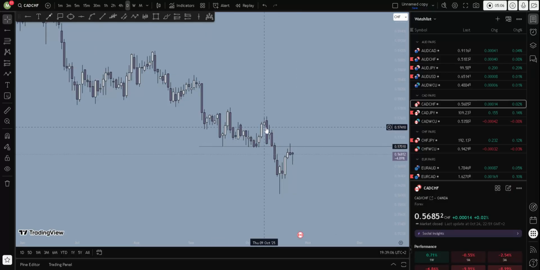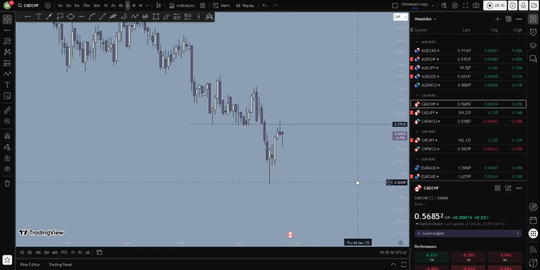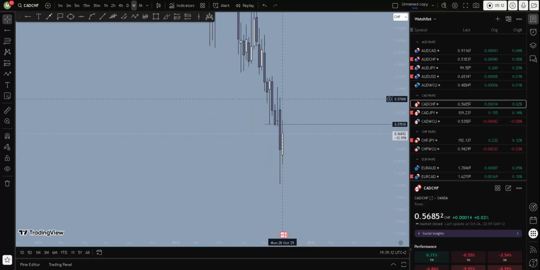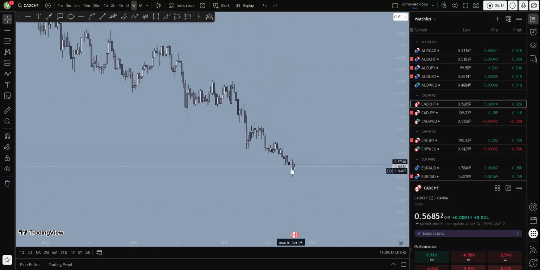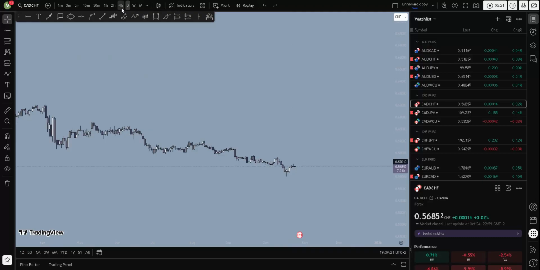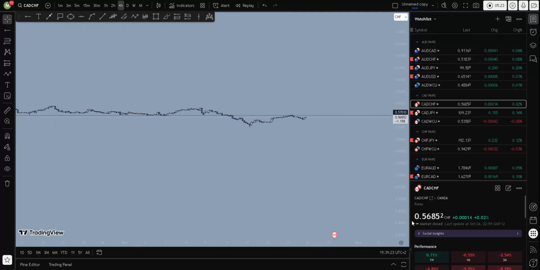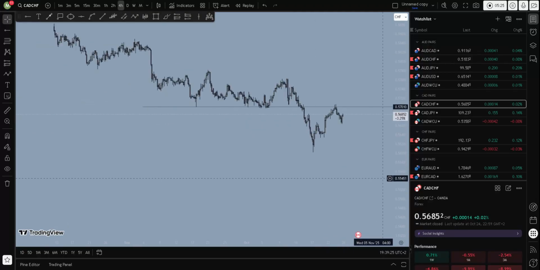Where the support over here broke through, retested, and by the looks of it could go down. But if we're just going off of the weekly time frame, this is very overextended, and at some point we're going to need a pullback before we can continue. Just jump down to the 4 hours, see what's happening here.